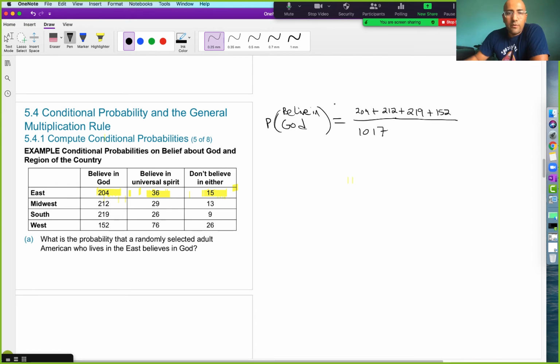Those people divided by the 1017 would give me the probability that one randomly selected person from this survey believes in God. So if we add 204 plus 212 plus 219 plus 152, I get 787.